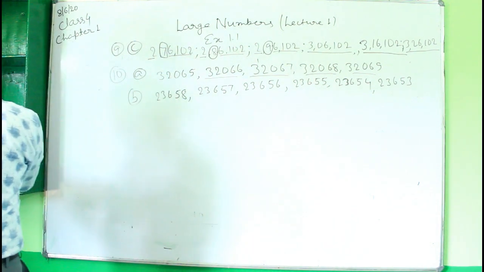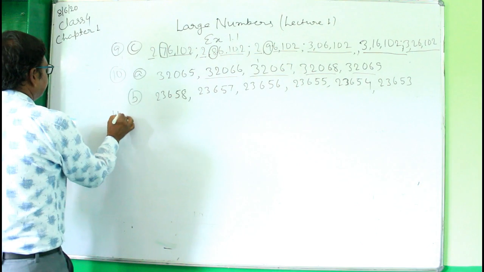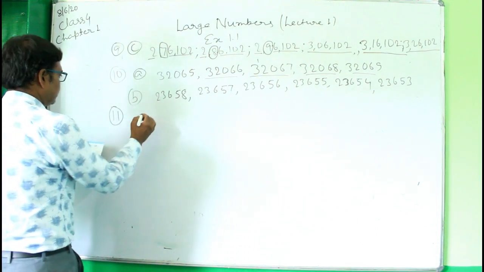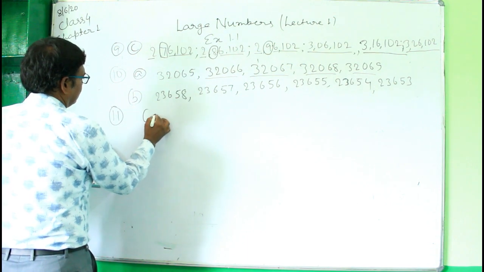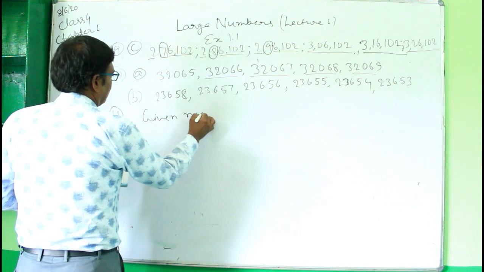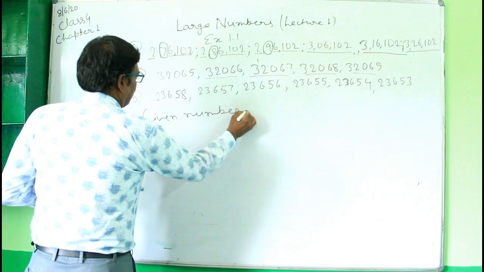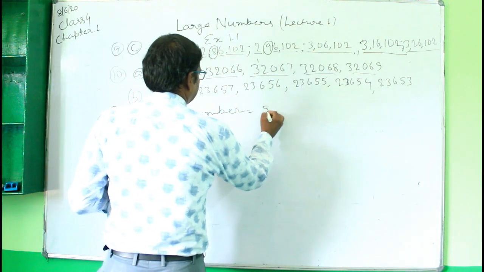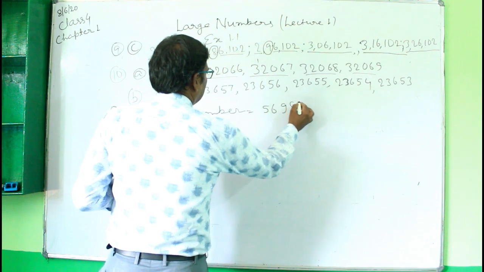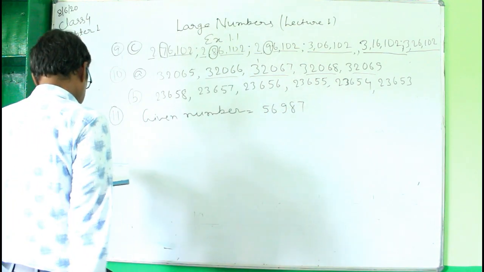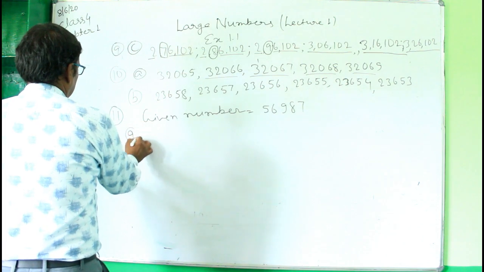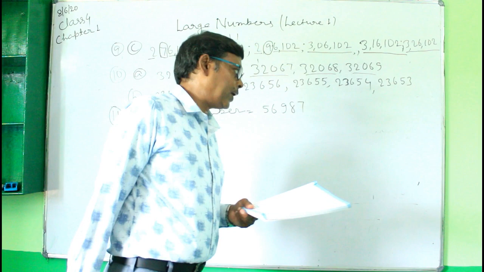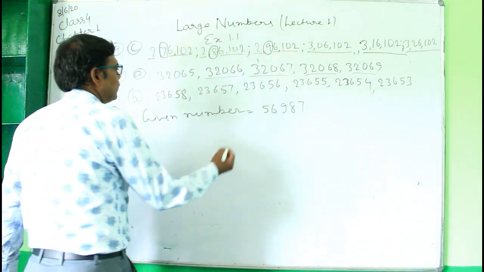So question number 11, the given number equals 56,987. Now, in question A, write the place value of the digit 5.